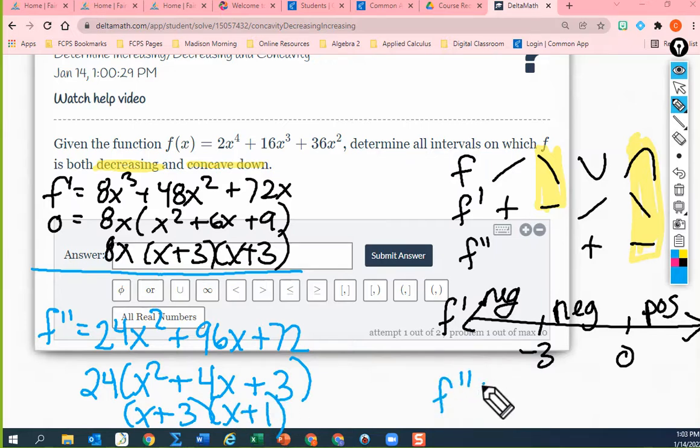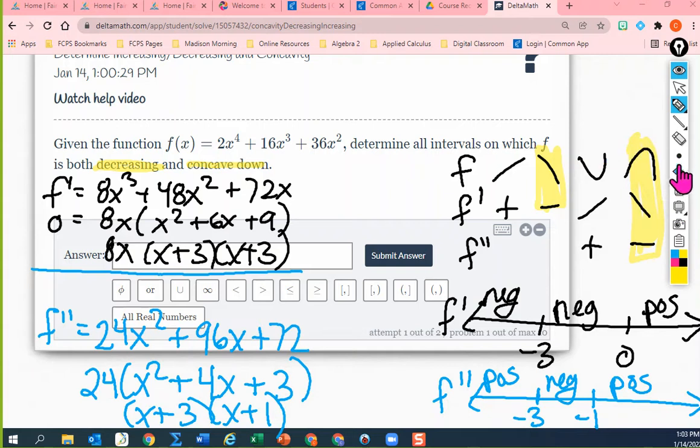Okay, double derivative number line. I get negative 3 and negative 1. And I test it. So this one goes positive, negative, positive. Notice how I sort of lined it up?